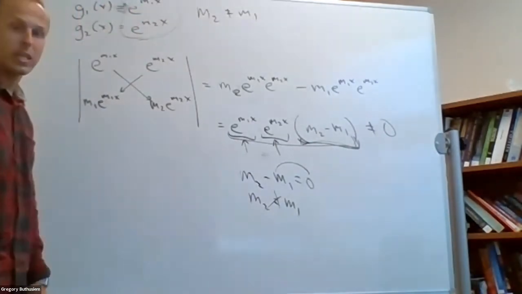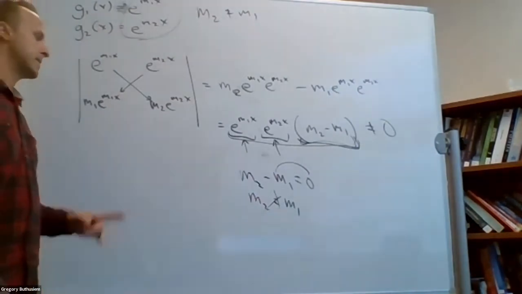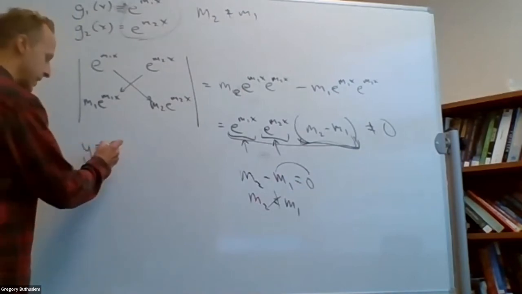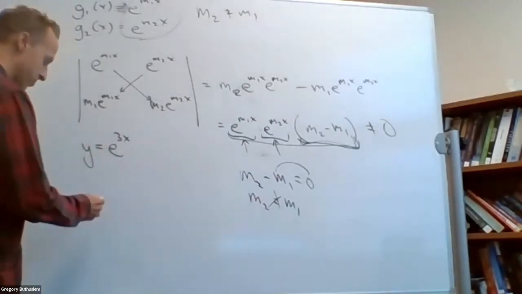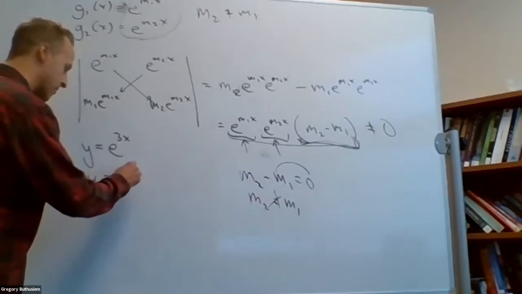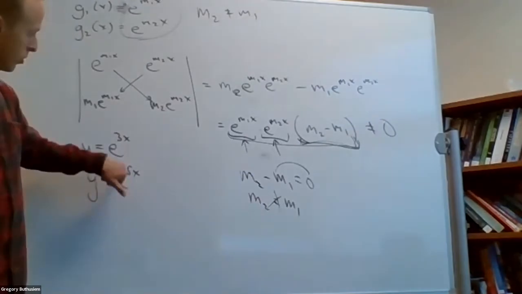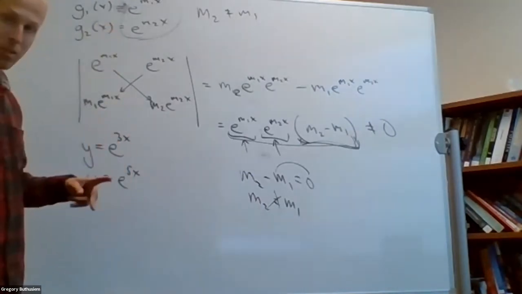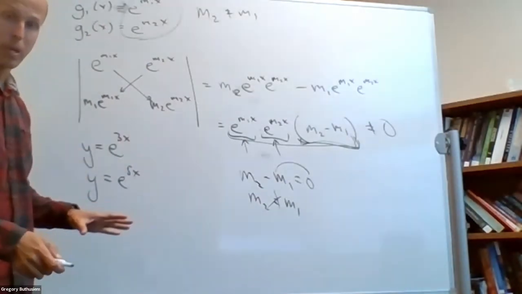Linearly independent functions. So if I have a solution to a differential equation that is, say, e to the 3x, and I find another solution to the differential equation to be e to the 5x, 3 is my m1, 5 is my m2, then these will be treated as two completely different solutions because they're linearly independent.